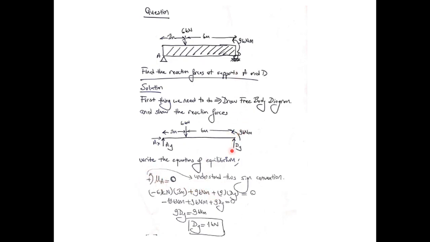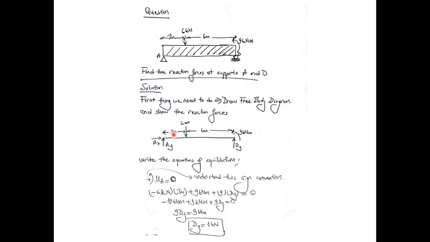And the reaction force at point D, which I named DY, is going to create a moment at point A which acts in the counterclockwise direction. So it's going to have a plus sign in front of it. It's 9 meters, the distance from point D to point A, times DY, equal to 0.